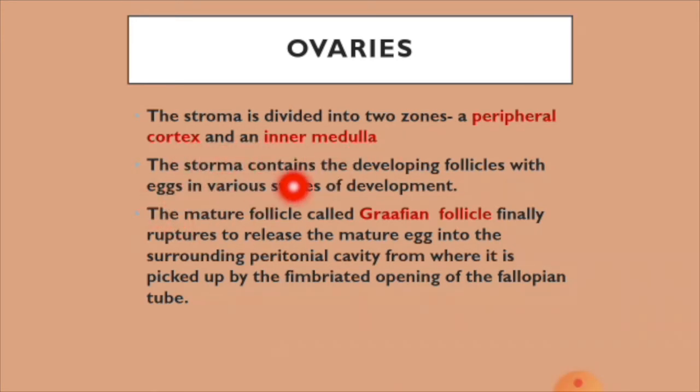The stroma contains the developing follicles with the eggs in various stages of development. The mature follicle, called Graafian follicle, finally ruptures to release the mature egg into the surrounding peritoneal cavity, from where it is picked up by the fimbriated opening of the fallopian tube.